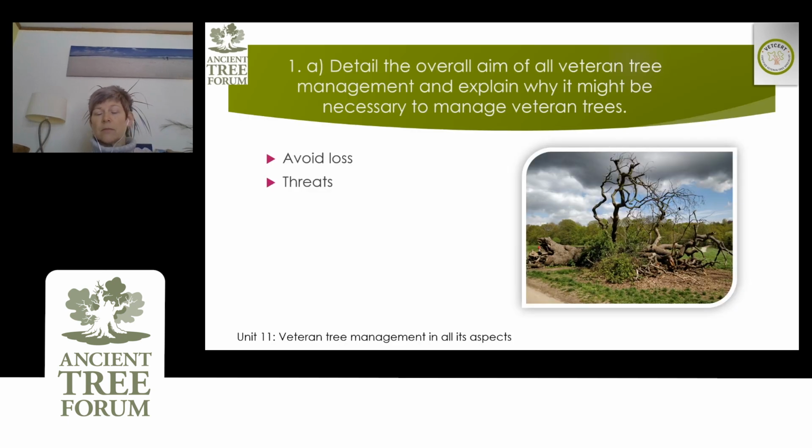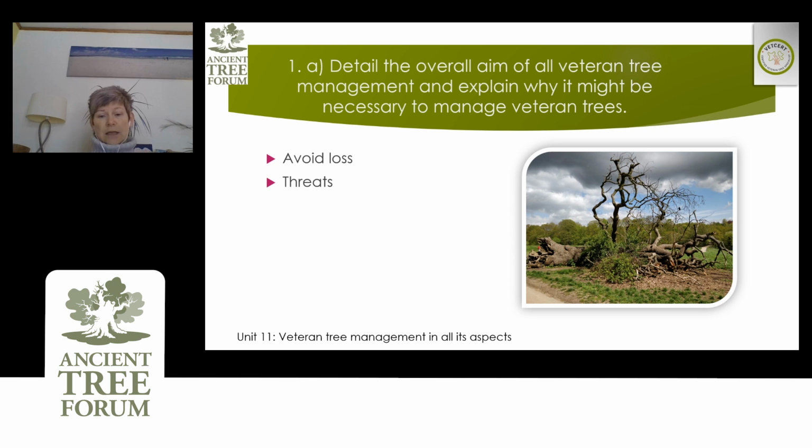Those are the 6 subsections in this unit, and we'll go through each of them in turn. As a practitioner, you would be expected to detail the overall aim of all veteran tree management and explain why it might be necessary to manage veteran trees. Again, we want to avoid all unnecessary loss of veteran trees. That's the overall aim, which is also mentioned in Unit 8.